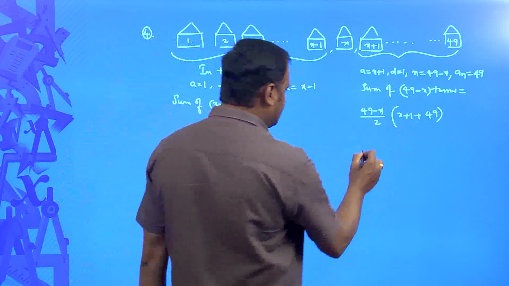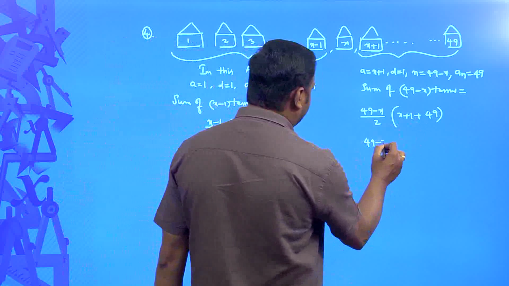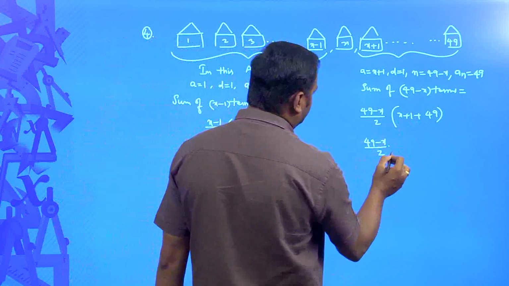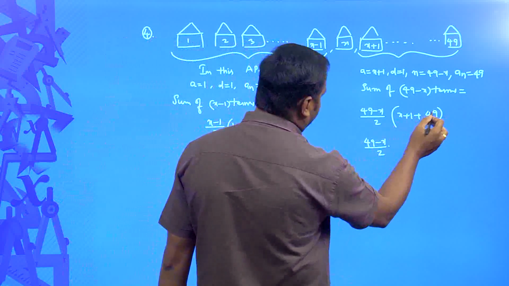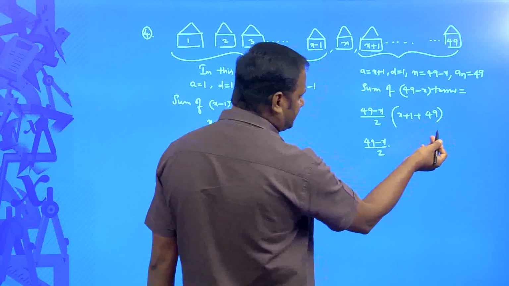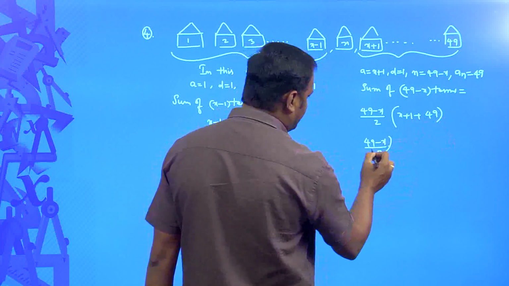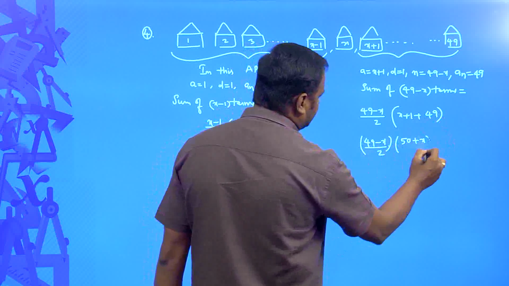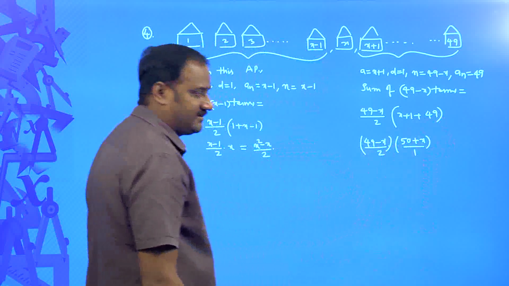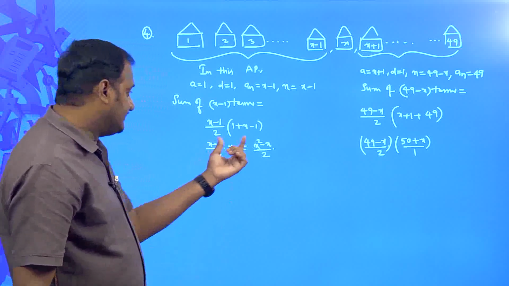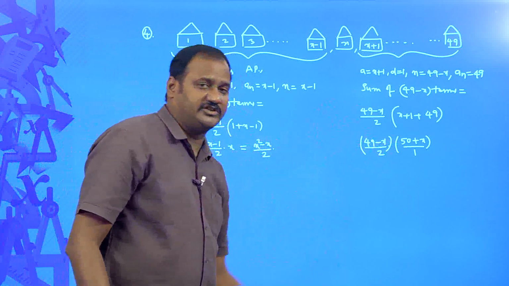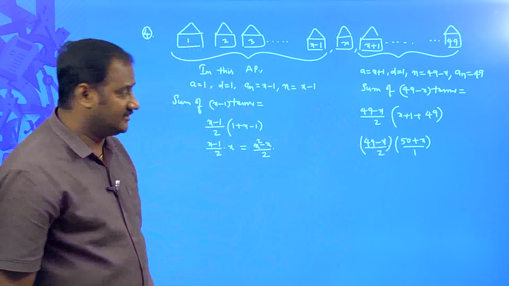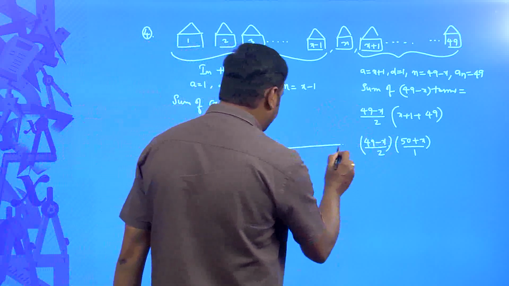So, this is 49 minus x divided by 2 into x plus 1 plus 49, 49 plus 1 equal to 50 plus x. So, it would be 50 plus x divided by 2. Okay. So, this sum as well as this sum both are equal according to the given problem. So, this sum is equal to this sum.